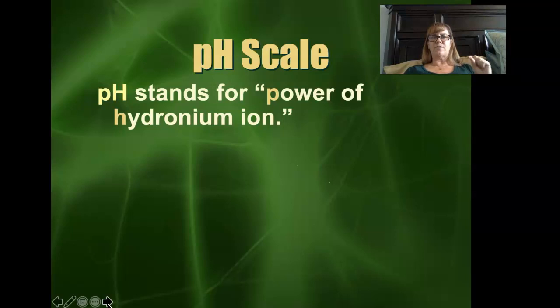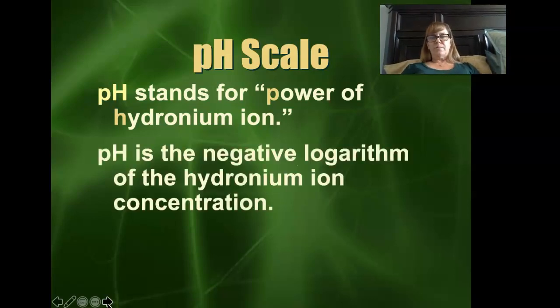pH stands for the power of hydronium. So we're going to be looking at the concentration of your hydronium ion in order to find the pH of a solution. pH is a negative logarithm. You may have done logs in Algebra 2 if you've had it.